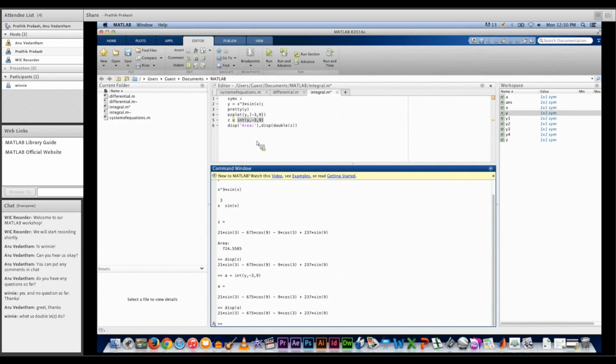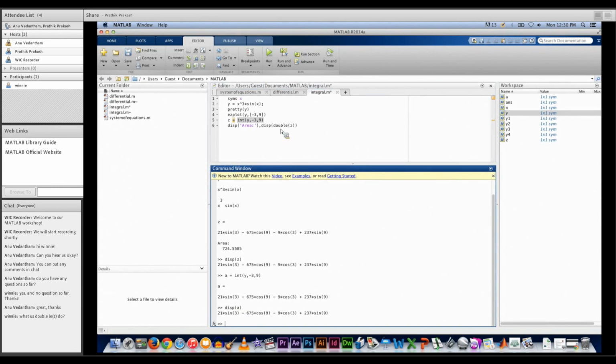Does double determine that it comes as a decimal point? Yeah. When you type display of A, it's trying to put the limits onto the solved equation, and when you put it in the form of a double, it computes the entire thing and then gives you the answer. Without double, it's just plugging our limits into the equation, but it's not solving it.